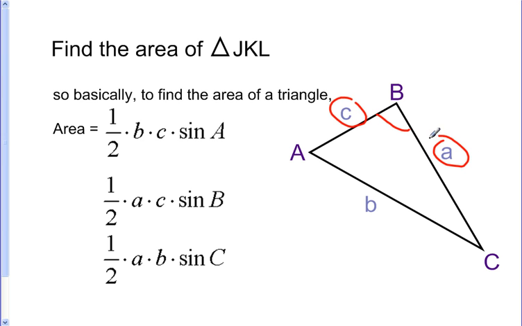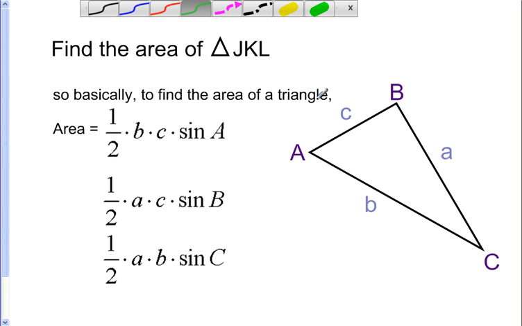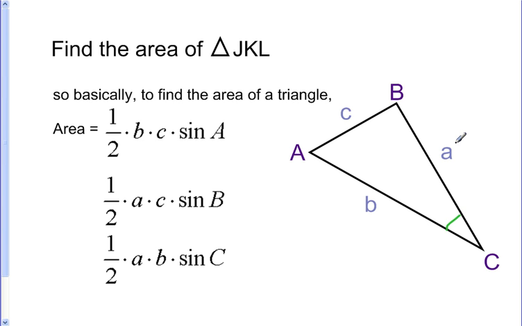Well, it's the same formula. It's 1/2 times the one side times the other side times the sine of the angle. And so as long as you're given side angle side on any triangle, you can find the area of that triangle. Likewise, if you're given angle C and then sides a and b, you would just plug it into this formula right here.